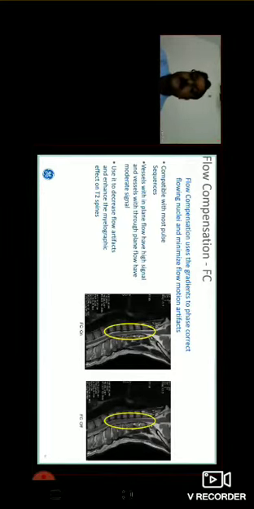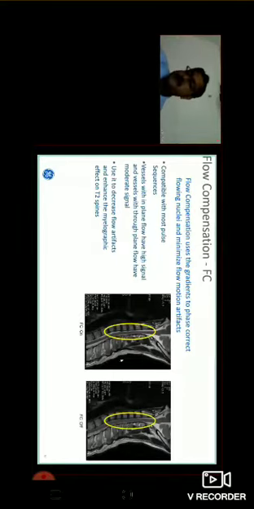For example, in this image, you can see dark bands over here. This is the flow artifact from the moving CSF. Similarly, we can get artifacts from the arteries, or from the veins.